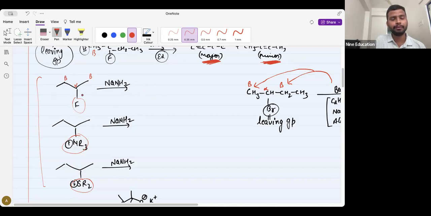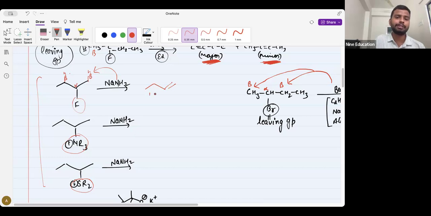So you should make which product? Hoffman product. Hoffman बनाना है. So अगर मैं यहां से लेता तो more stable alkene बनेगा, और यहां से लूंगा तो Hoffman alkene बनेगा. So I have to take this hydrogen with respect to this hydrogen. तो मैं यहां पर ये वाली alkene बनाऊंगा.